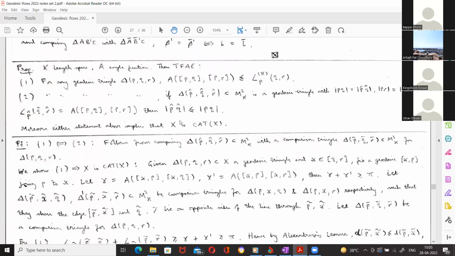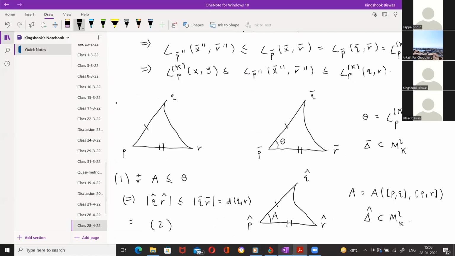Oh, I've written this wrong here. It's not P hat Q hat. It should be Q hat R hat. So this is a typo. I'm sorry. It should be Q hat R hat less than or equal to QR. Okay. Sorry, this is a mistake here. That is condition 2. So 1 is equivalent to 2.